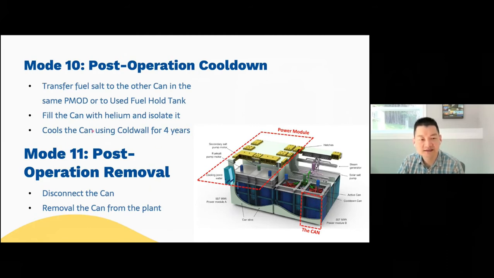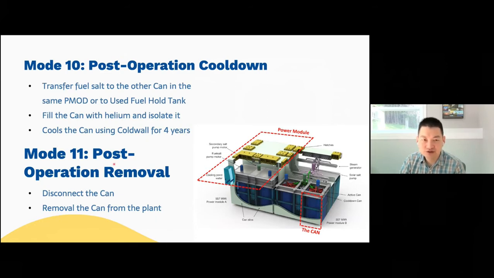In this case, we will fill the can with helium and isolate it, and let it stay here to cool for 4 years. Again, the cooling is passive by the Cold War. So this mode 10 typically takes 4 years for the can to cool down after the fuel is removed.